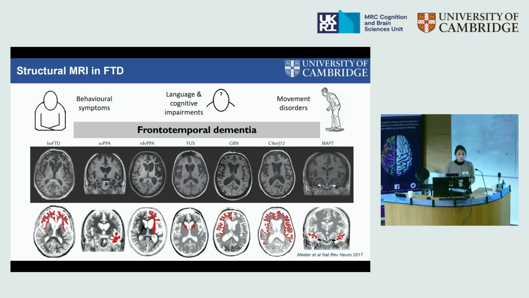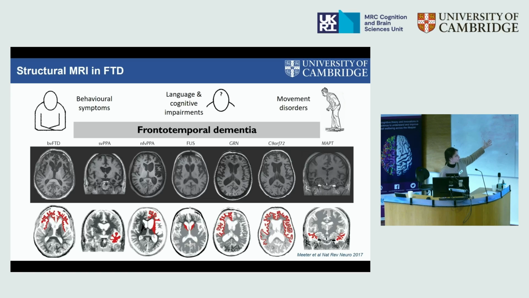In this spectrum, MRI has been super helpful for diagnosis and prognosis. In particular, over the years MRI has been included in clinical practice to confirm the diagnosis: after seeing symptoms and guessing the particular diagnosis, people go to the MRI scan, and we can see where the atrophy is localized in the brain.